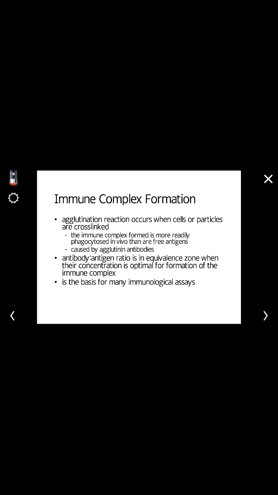Immune complex formation. Agglutination reactions occur when cells or particles are cross-linked. The immune complex formed is more readily phagocytized in vivo than are free agents. This is caused by agglutinin antibodies.